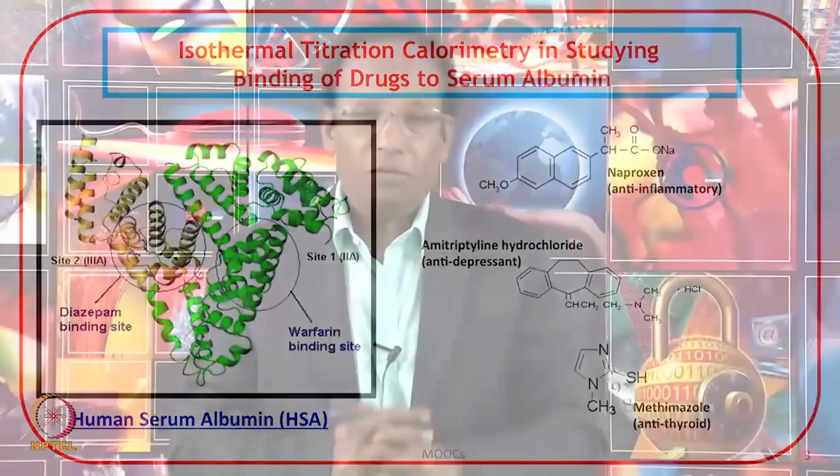Isothermal titration calorimetry can be used in studying the binding of these drugs with serum albumin. Now, when we want to do an experiment on isothermal titration calorimetry, as we have discussed several times, the solutions need to be prepared in buffer, and the buffer has to be at a desired pH.